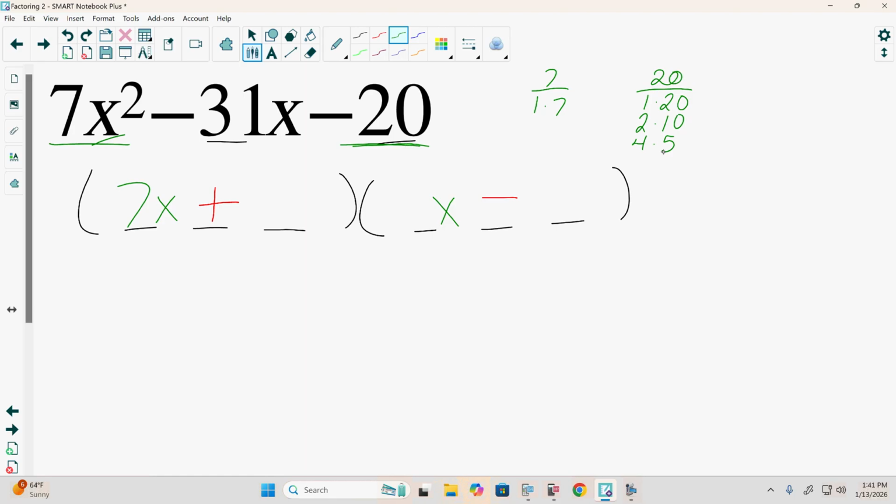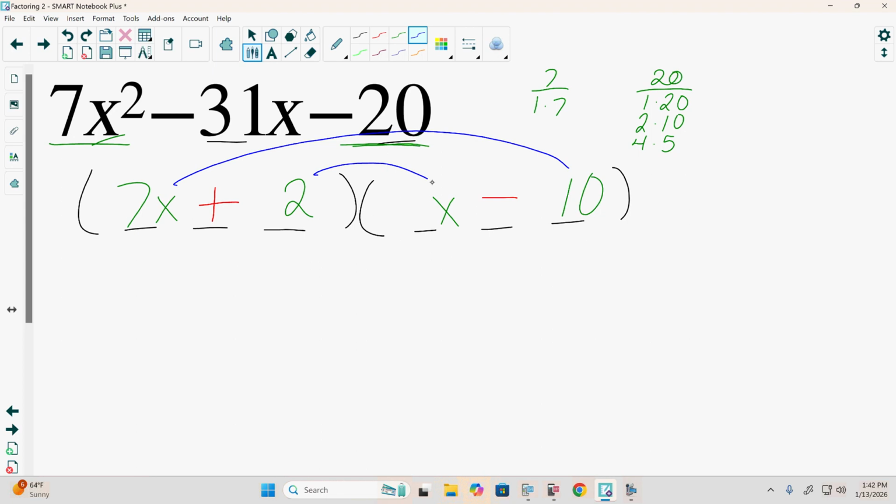Which one do we want to try first? 2 and 10. At this point here, we just need to pick one of the sets of factors, plug it in, and try it. And at this point here, we're going to check.